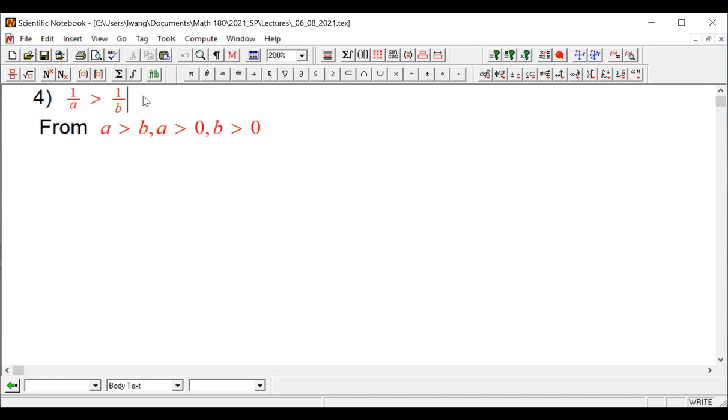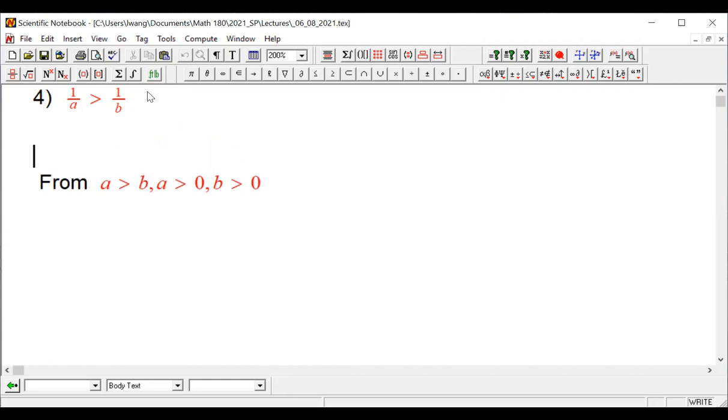Right? So I like to think about this. It's a little bit confusing for a lot of our students, but let's look at some examples. In other words, I'm heading for counterexamples. For example, we know that 3 is larger than 2, right?